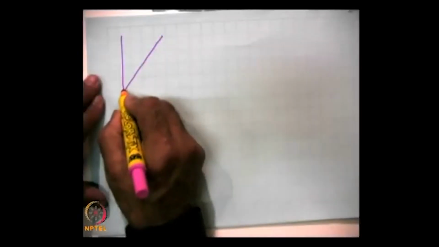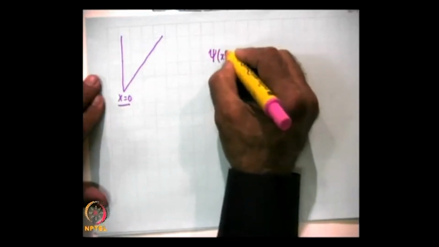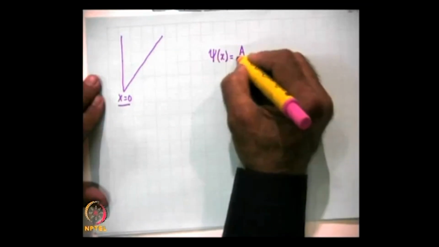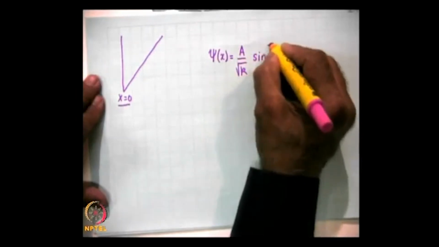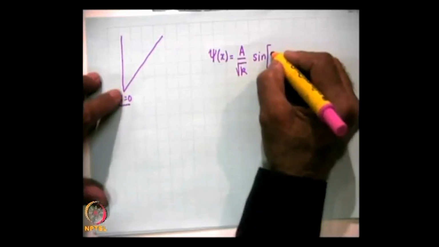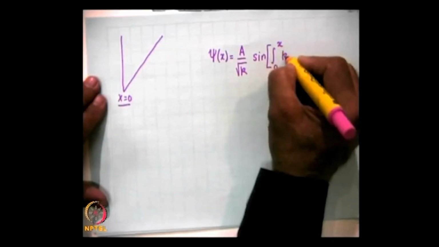You have this as the potential, and you want a JWKB wave function which is 0 at x equal to 0, and that wave function is psi of x equal to A by root k of x sine of the integral from 0 to x of k dx.